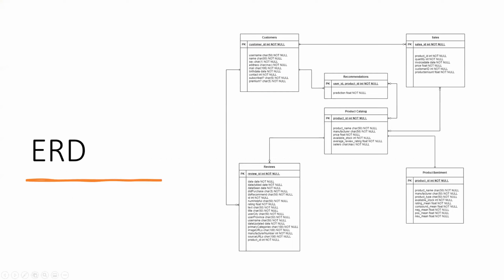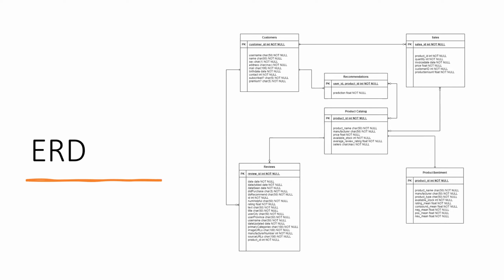So this is our entity relationship diagram. We essentially have four main data sets, namely the customers data, sales, reviews, and product catalog data. The customers data has the customer's demographic information. Sales data has the purchase history of every customer. Reviews data has the product reviews given by each customer for the different products.